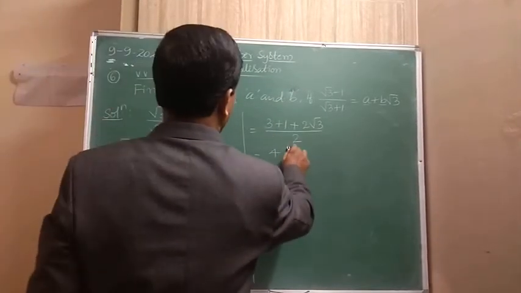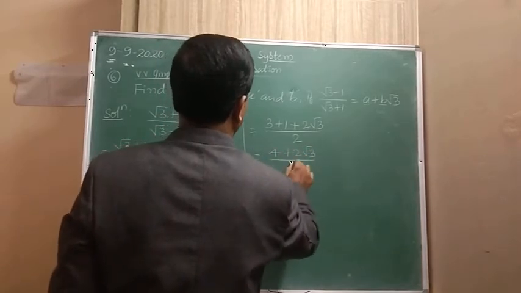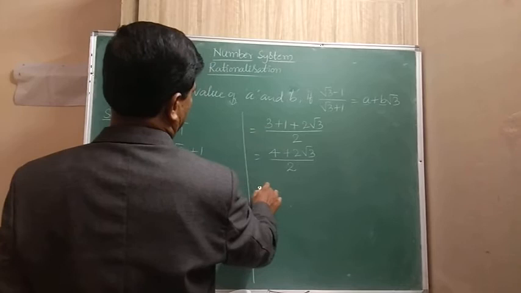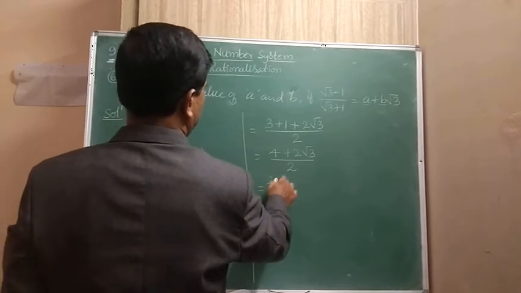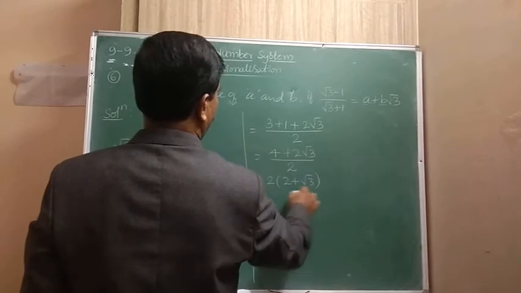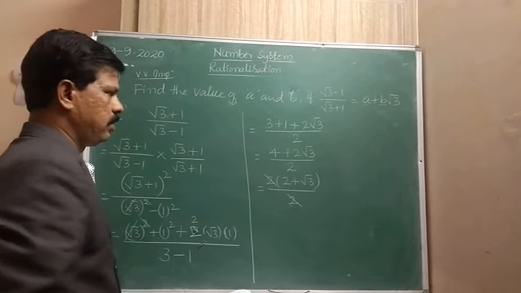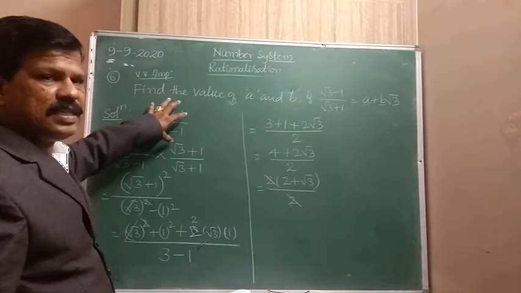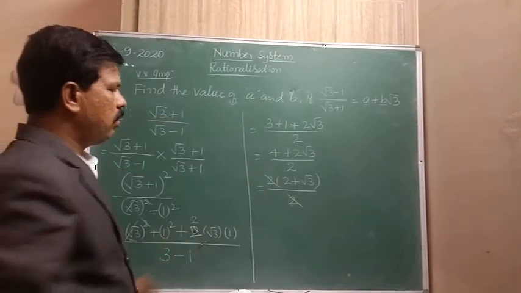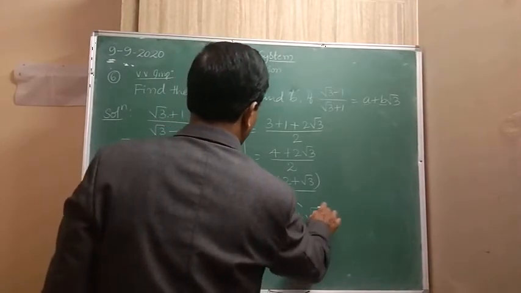So 4 plus 2 root 3 whole divided by 2. Now take 2 common, then what is left is 2 plus root 3 whole divided by 2. So this and this get cancelled. Now when you rationalize this, the answer you get is 2 plus root 3.